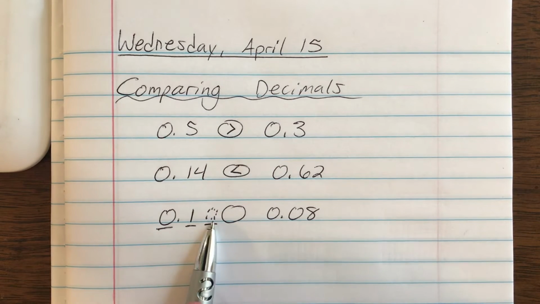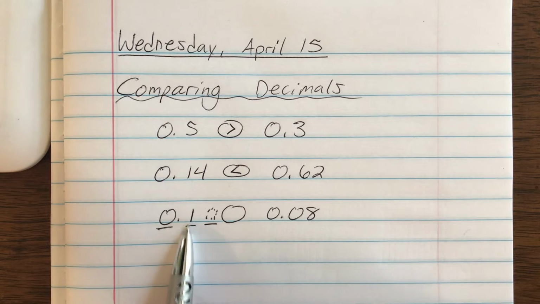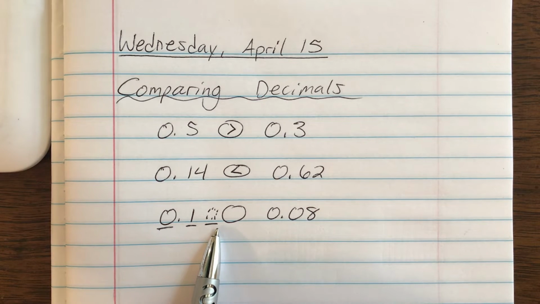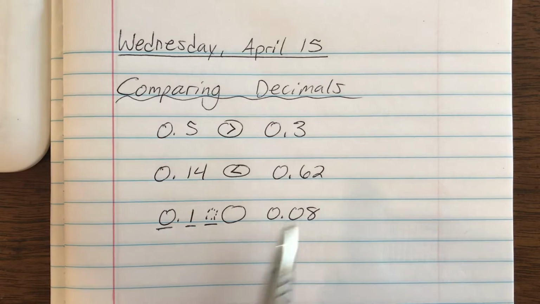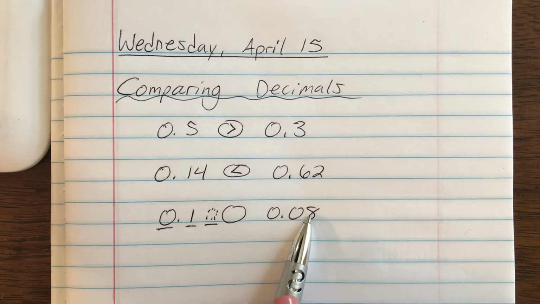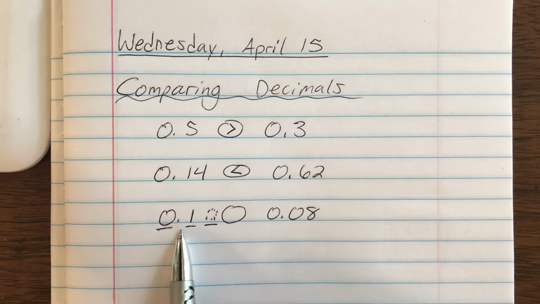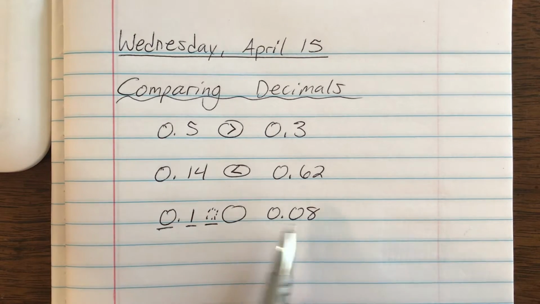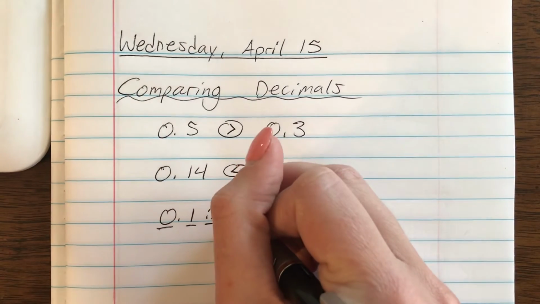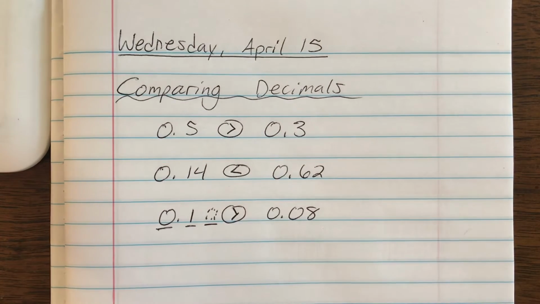So now in doing that, we now see that instead of this just being 1/10, it is also equal to 10 hundredths. So now looking at this new value of 10 hundredths, compared to 8 hundredths, we can now see that 10 is actually going to be bigger than 8, so we would put a greater than symbol.